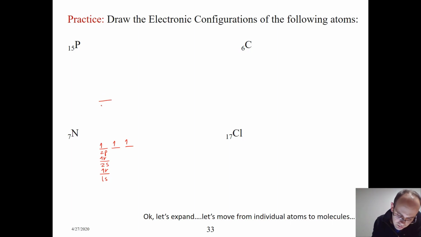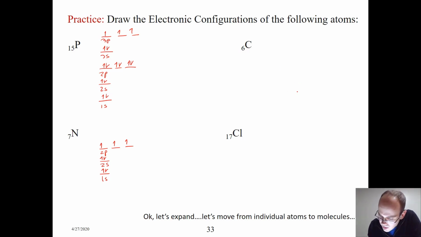Phosphorus, 15. 1s, 2s, 2p, 3s, 3p. 1, 2, 3, 4, 5, 6, 7, 8, 9, 10, 11, 12, 13, 14, 15. Carbon, 6. 1s, 2s, 2p.